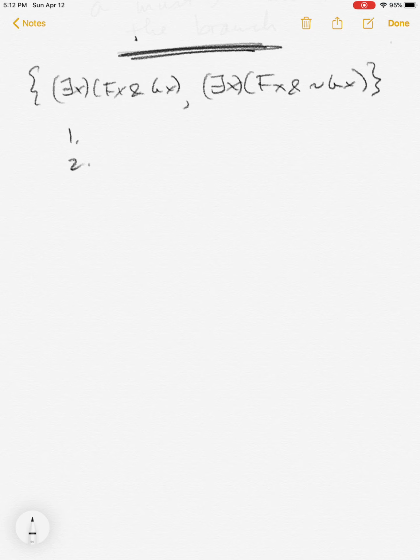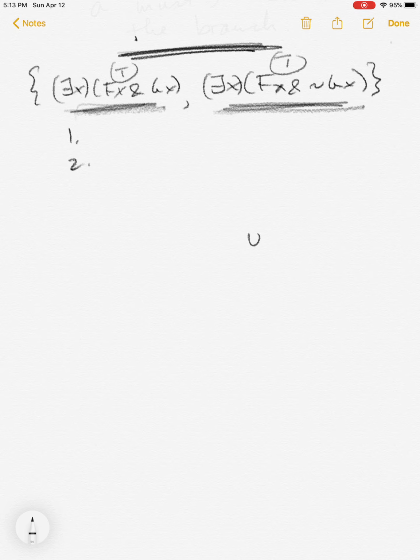I'm hoping it wouldn't take you long to convince yourself that of course it's quantificationally consistent. You'd have to have a universe of discourse that's got two things in it. One of those things is F and G, and the other is F but not G. We couldn't have a one-membered universe of discourse that makes both of these true. We'd have to have at least two things. But it's not at all hard to think of an interpretation that makes both of these true.